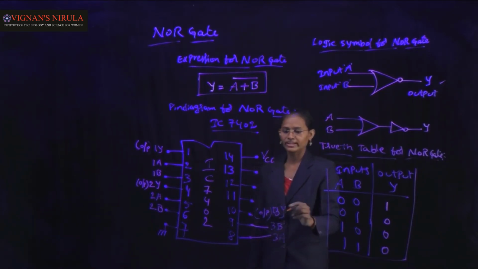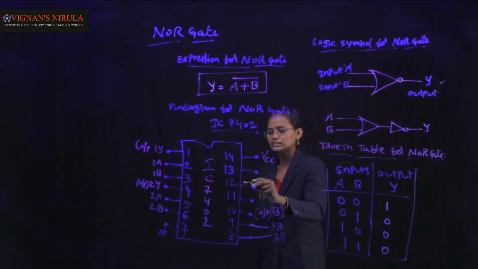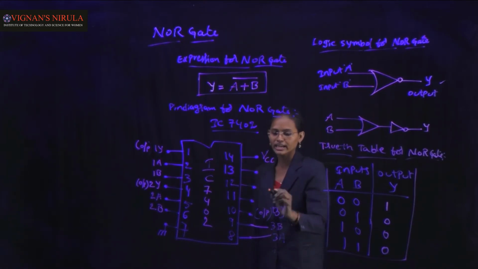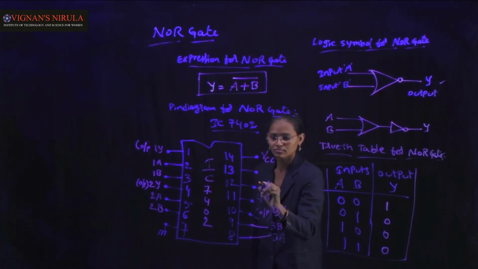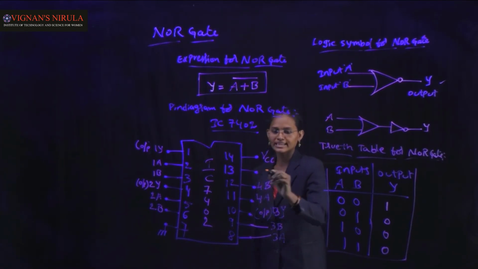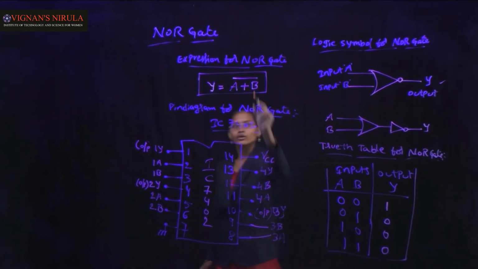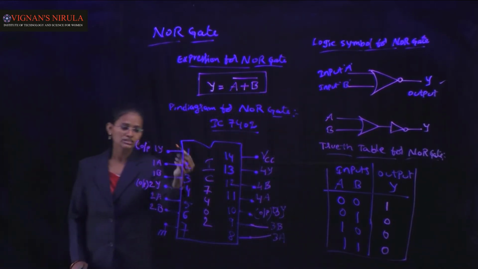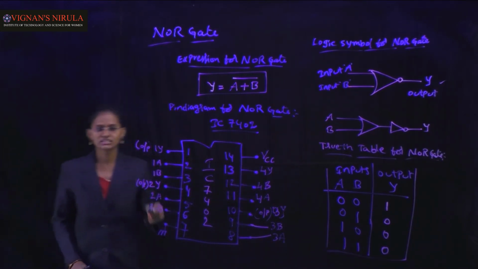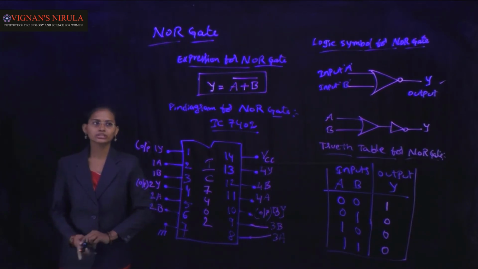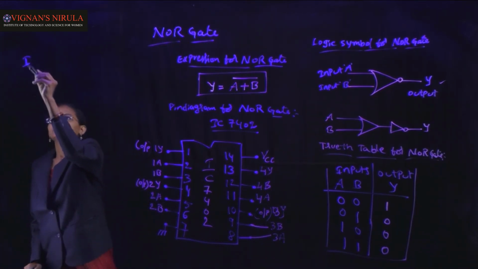And next 12 and 11, these are the inputs, that is 4A, 4B, and 13th pin is connected to the output, that is 4Y. Here we are using the 4 NOR gates, that is 1, 4, and next 10 and 13. These are the output pins.